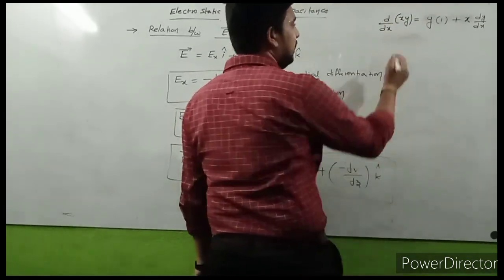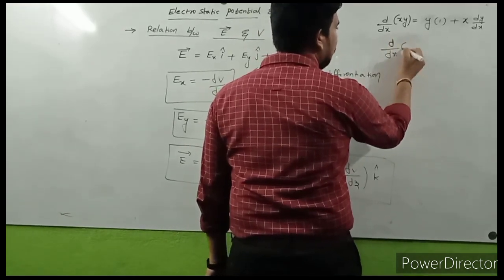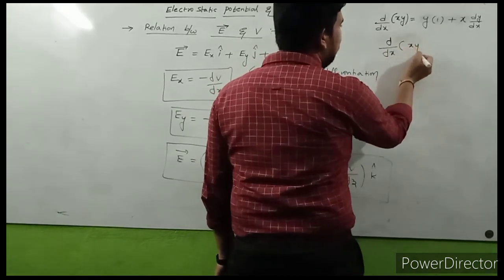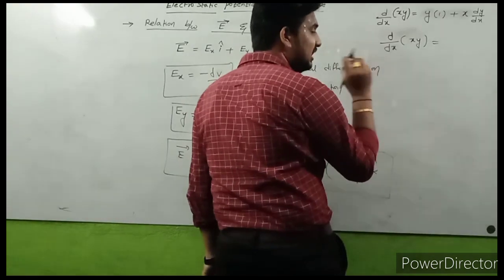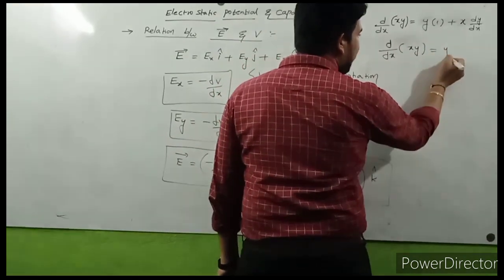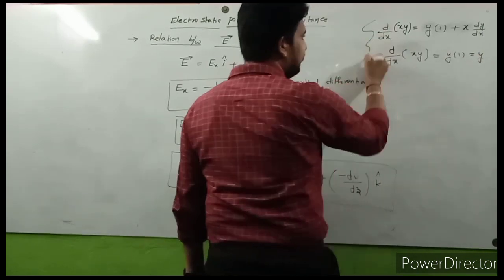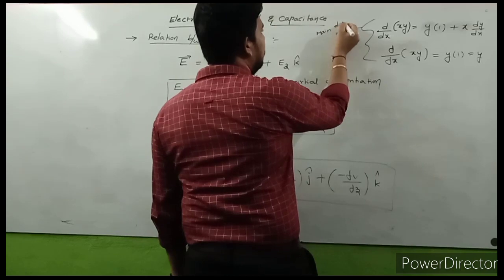But in partial differentiation, dou by dou x of xy means we are differentiating with respect to x partially. That means y into differentiation of x, which is 1, is equal to y. That is the difference. This is called general differentiation.